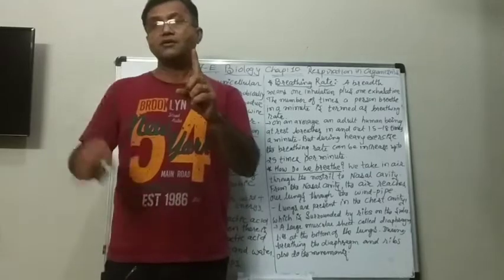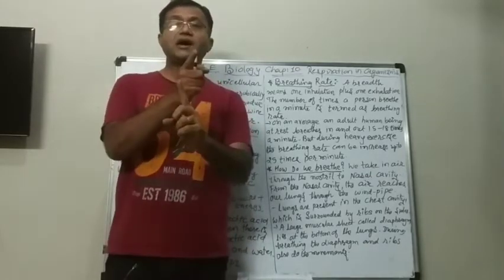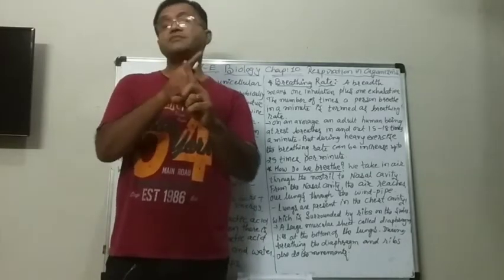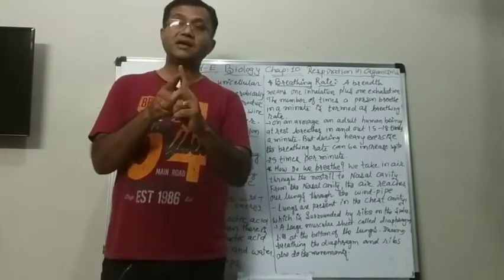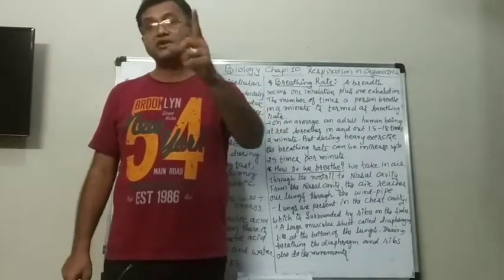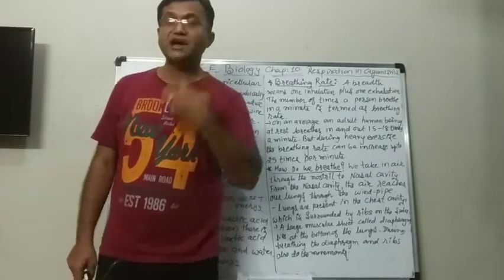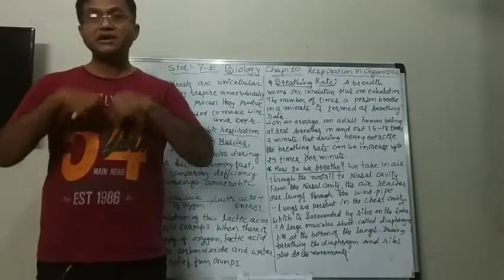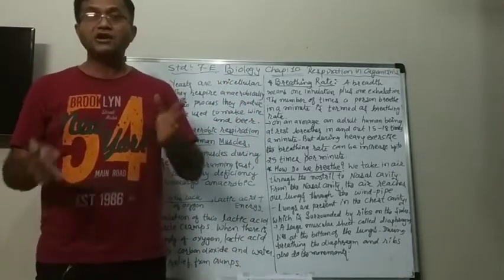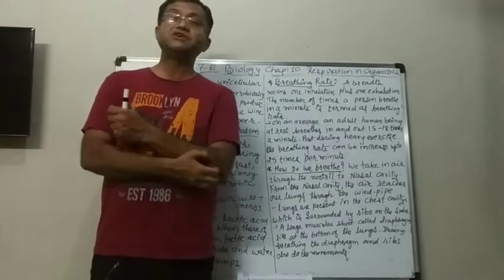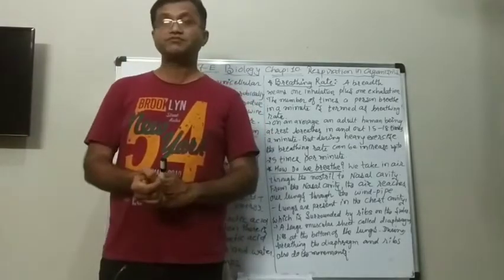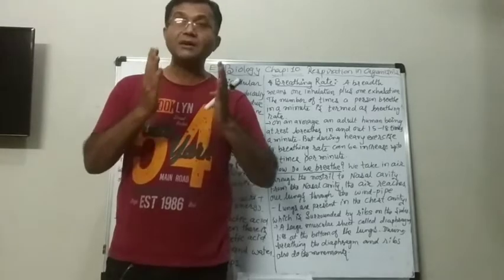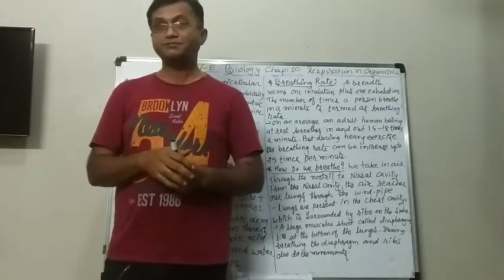Start from the 12, then go around the second hand and come to the 12 again, and that will be 1 minute. Then during that 1 minute, you count how many times you breathe in and out. So it will be nearly between 15 to 18. That is the normal breathing rate of a person.